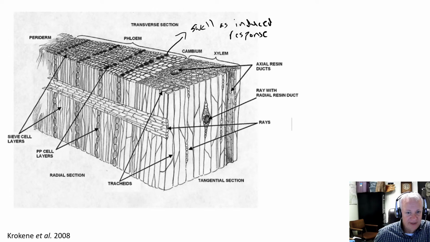All of those things are examples of induced responses. In all of those cases, those are preformed or existing structures, but their expression or size can change in response to induction.